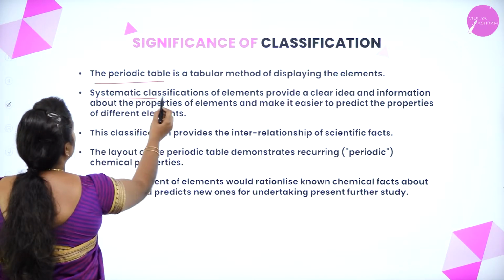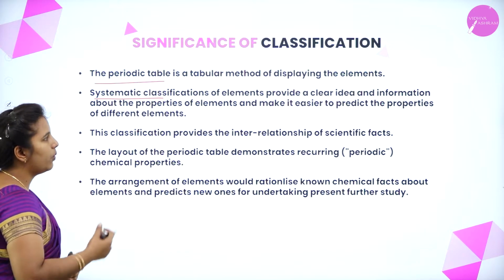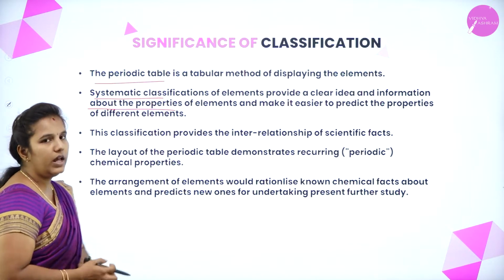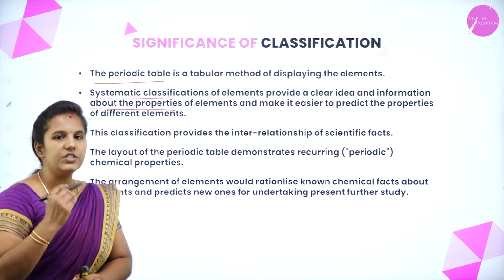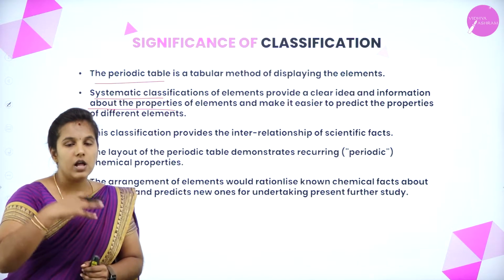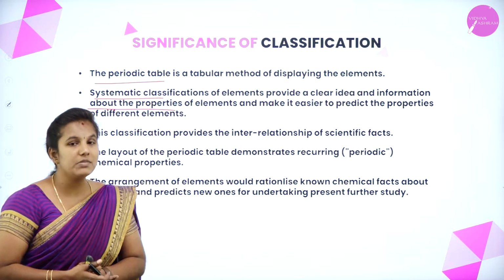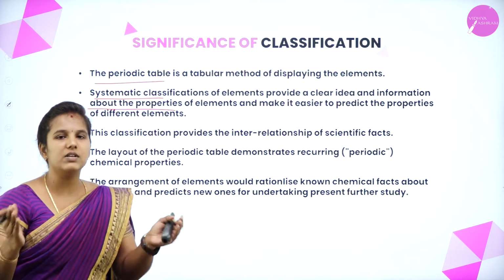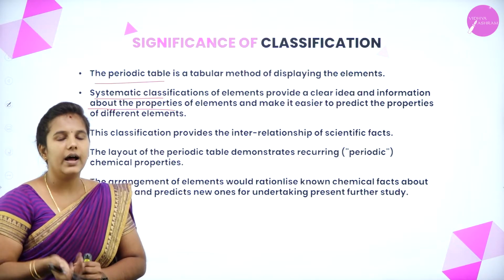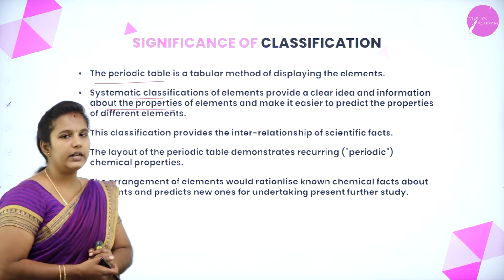The systematic classification of the elements provides ideas and information about the properties of the elements. If you see the periodic table, you can clearly understand that most of the elements the chemists have placed have similar physical and chemical properties, and we can predict the next element in the periodic table.